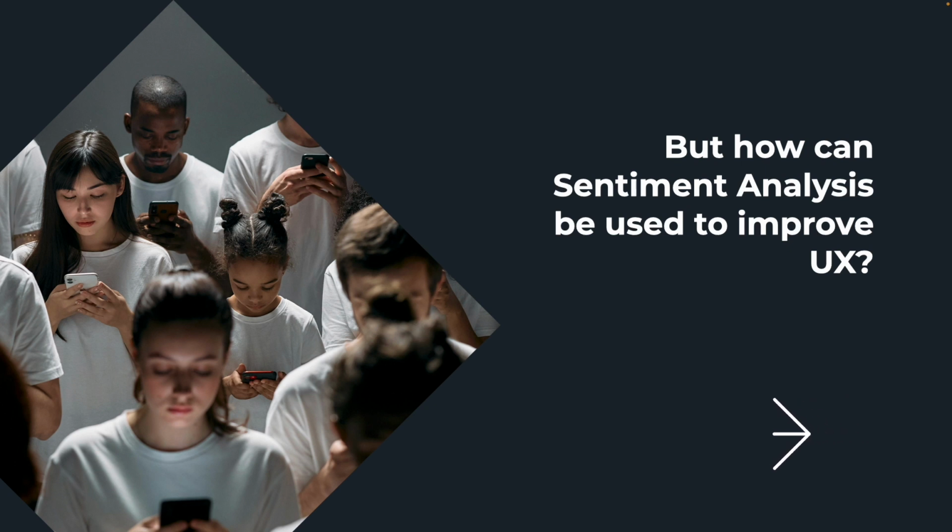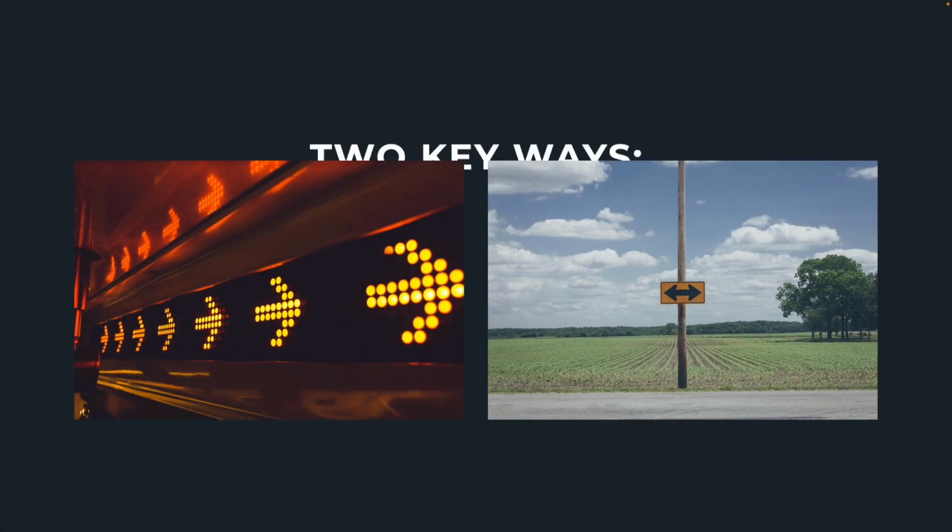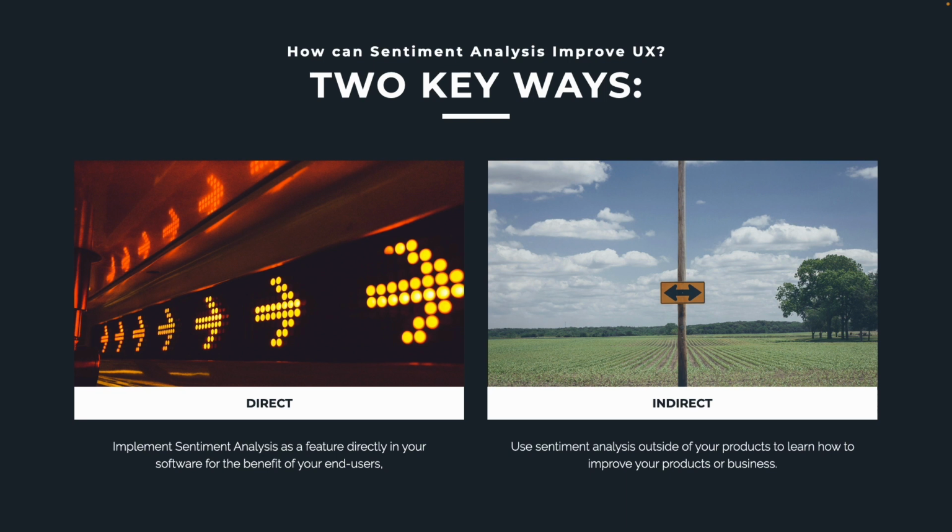But how can sentiment analysis actually be used to improve user experience? Well, for me, there's kind of two key ways in which sentiment analysis can be used in this way. You've got direct, and this is all about implementing features that use sentiment analysis and allowing your users to use those features directly. So for example, if you've got a news app, allowing users to filter the news articles based on that sentiment so they can filter out all of the negative news if they wanted to.